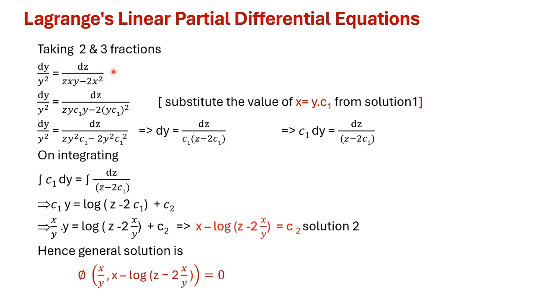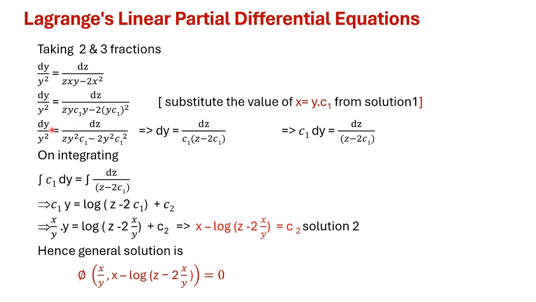So here dy by y square is equal to dz by z into the value of x as yc1, and here again yc1 square. Now after putting this, we see this y square, and here y into y is y square, so all these y square get cancelled.